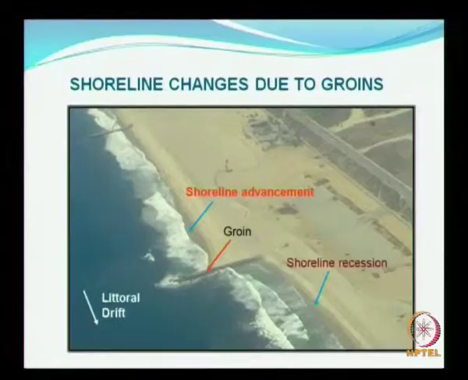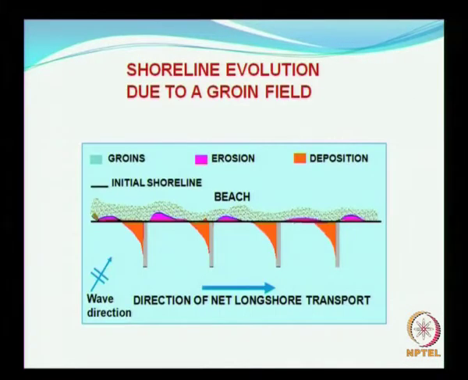So this is what is explained in the earlier figure. You have the groin, you have the shoreline advance, it is the same picture as we have seen earlier. So we now know that if you have a single groin, on the updrift side you have the advancement of the shoreline, and on the downdrift side you will have erosion taking place.